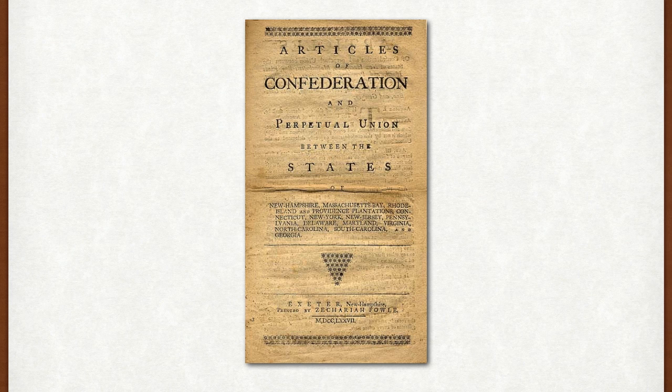So we didn't really have a central government. That's why the Second Continental Congress threw out the Articles of Confederation and adopted the new Constitution. If you want to learn more about this, you can take History 17A, an early American history course. I personally go into more detail about the differences between the two.